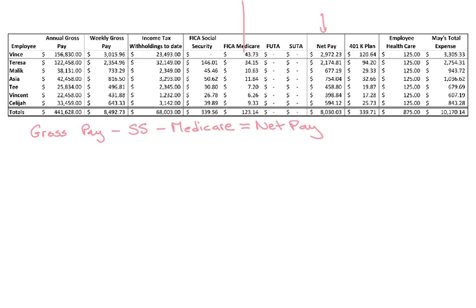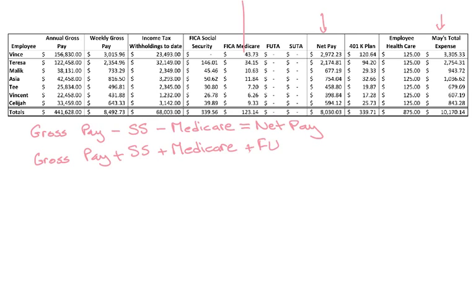Now, how much does May Corporation's total expenses come up to? We're going to take the employee's gross pay. We're going to add the Social Security and Medicare, because the employer has to pay a match of what the employees pay.